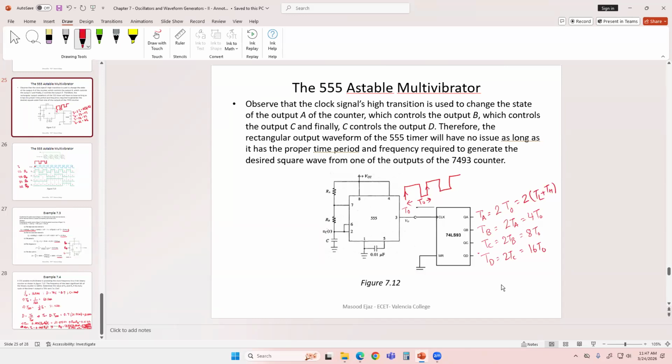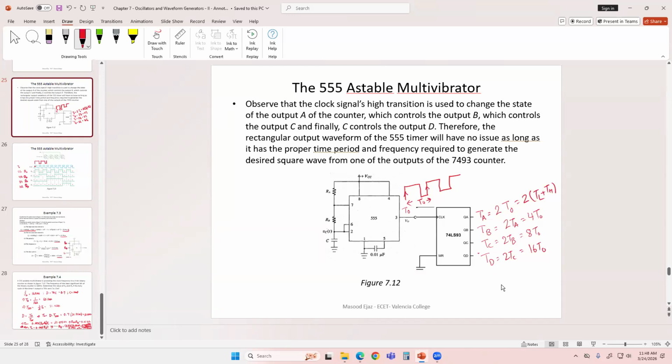For example, if this time period or frequency is given to you, then you're going to go back: 16 T naught is this, 8 T naught is this, 4 T naught, and then T naught. So whatever is given, you divide that by 16 to get the time period. If this is given, let's say, 2 millisecond, then 2 millisecond divided by 16 is going to be the output T naught. And once you have this time period, then you can use those equations, 0.693 (RA plus RB) times C and 0.693 RB times C.